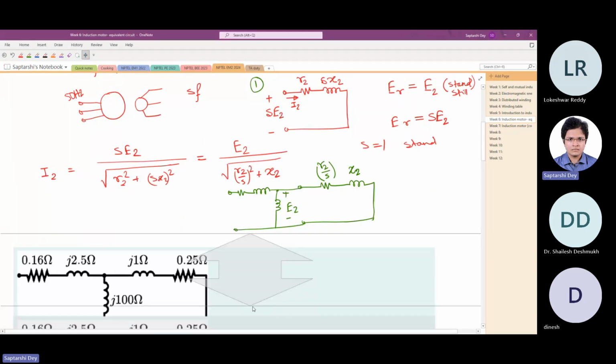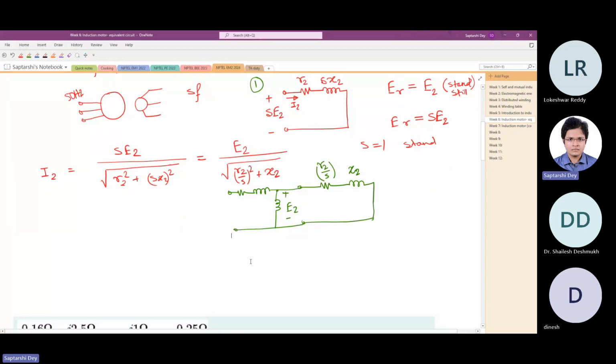Now from here, some very basic equations of induction machine are derived. That is PG, which is called gap power. Gap power is how much power is crossing the gap, basically how much power is going to the rotor. Some power is entering the stator, some power is lost in the stator resistance.